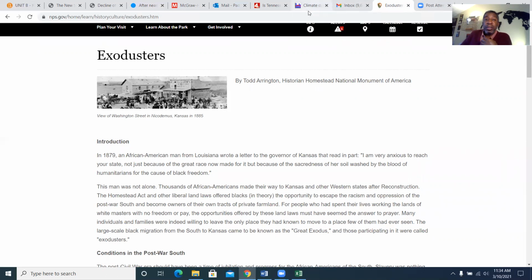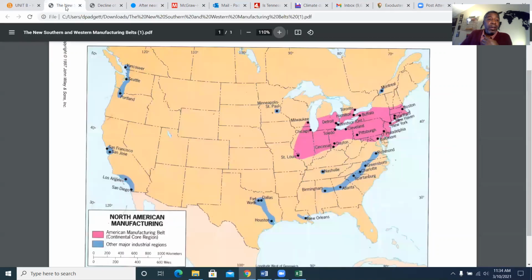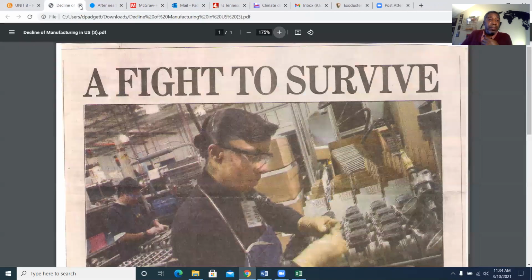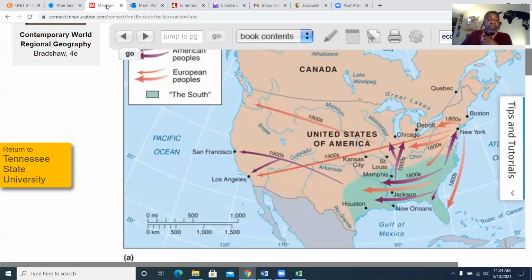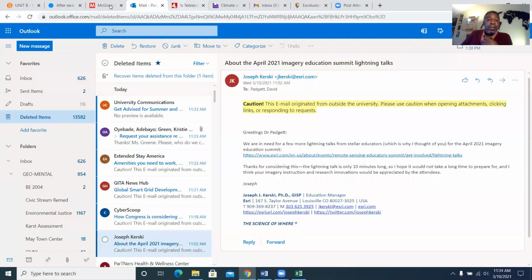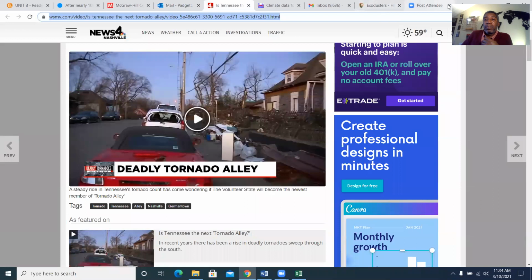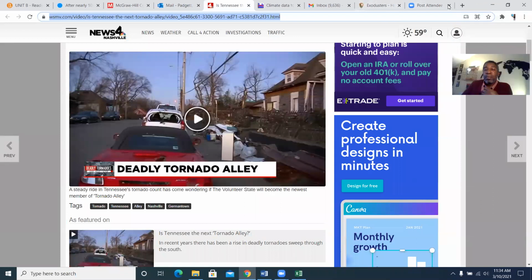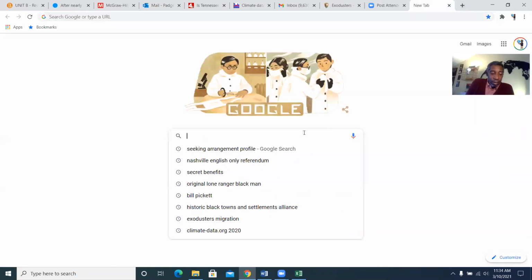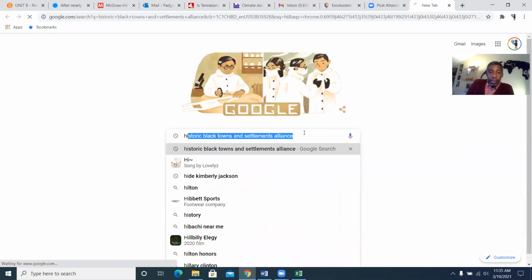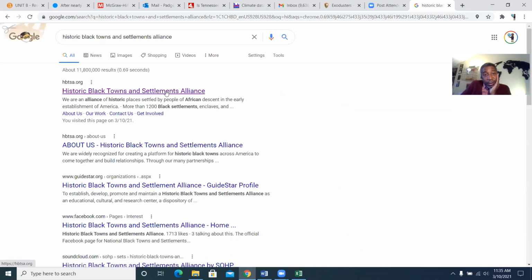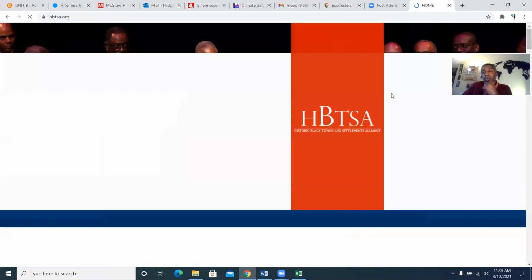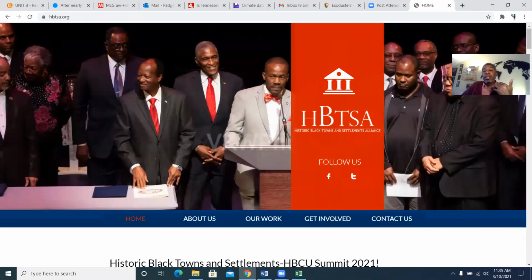There's an organization called the Historic Black Towns and Settlements Alliance. The people who belong to this organization represent towns and settlements founded by Black people across the United States.